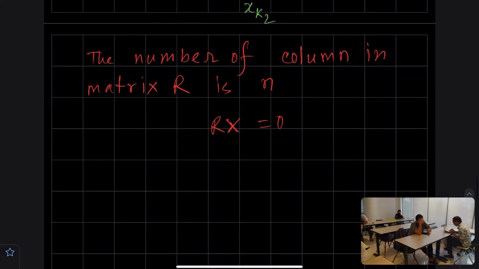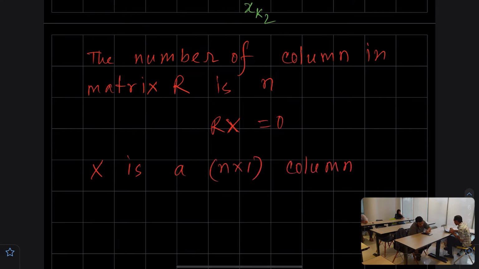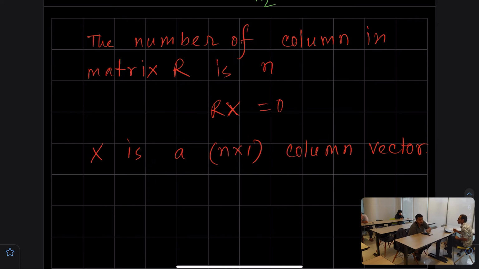That means x is an n cross 1 column vector, right? Okay. I think it's better not to use the word vector here, since it is not introduced. So let's call it a matrix, an n cross 1 matrix. You don't have to write all of it. Just an n cross 1 matrix, right?